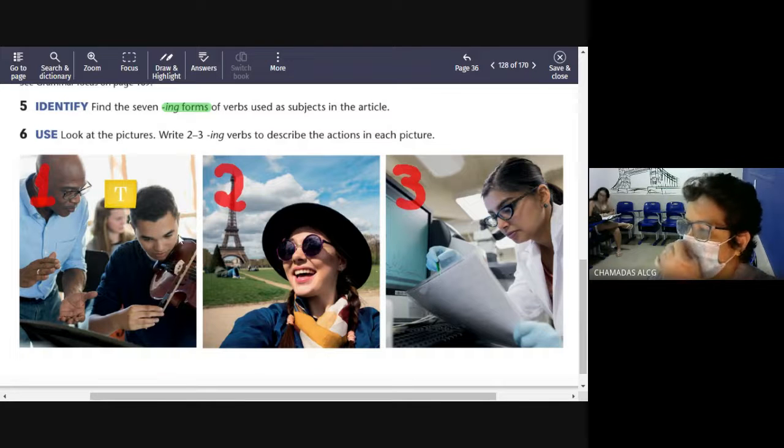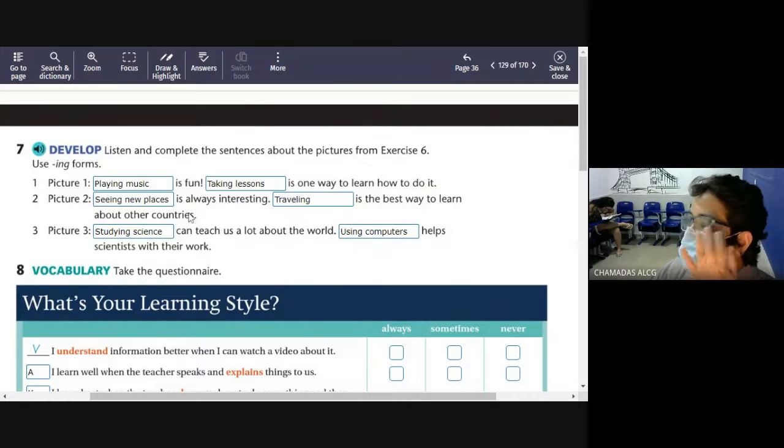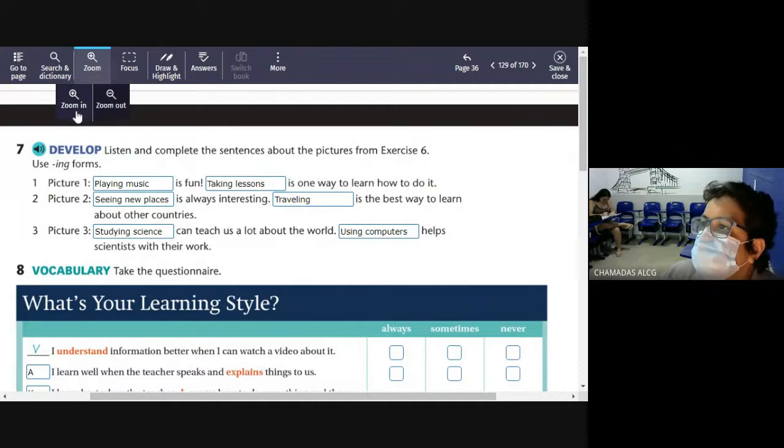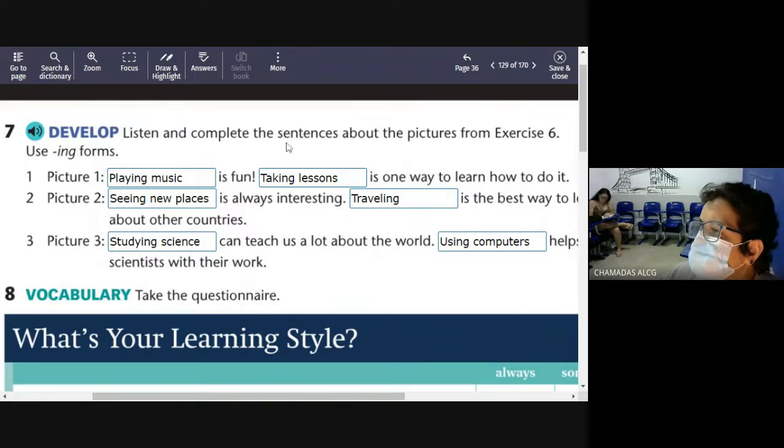Good. I will leave it there. So let's go over now to the next page and practice a little bit more. Here, I think we did this last class, right, Julie? I'm just reinforcing, okay? So here, they want us to listen to a audio and complete the sentences about the pictures from exercise number 6, okay?